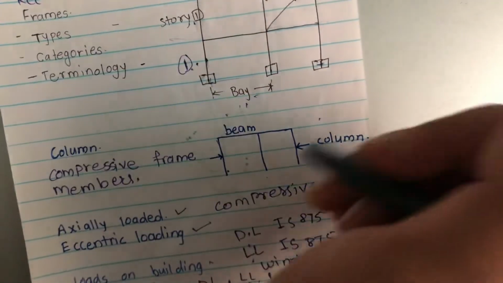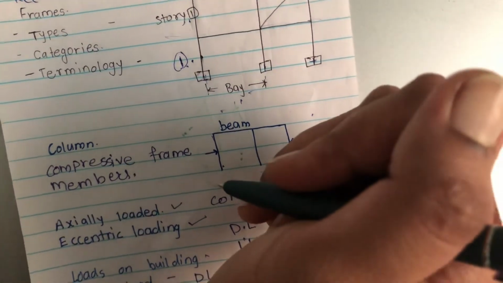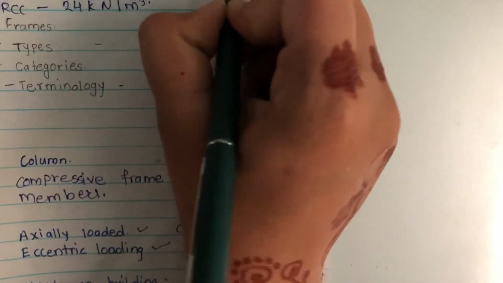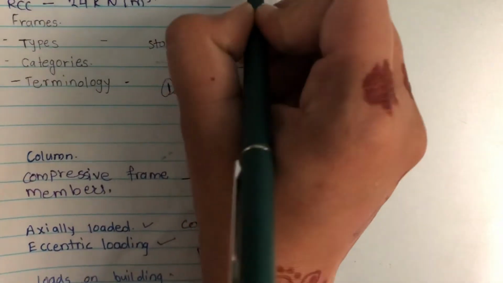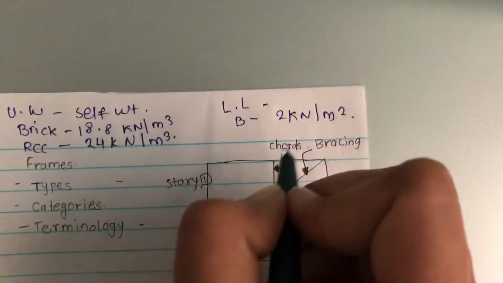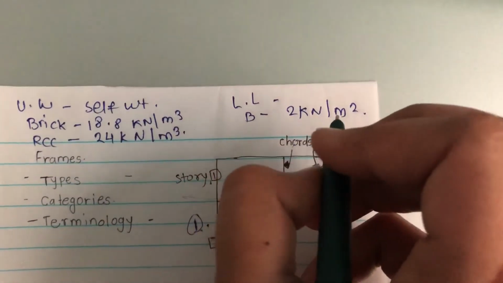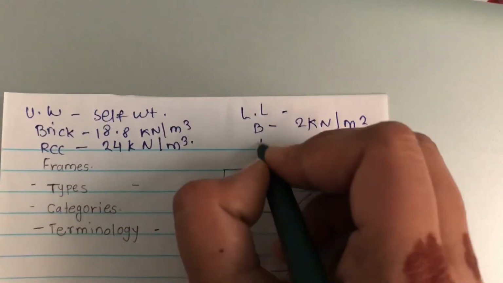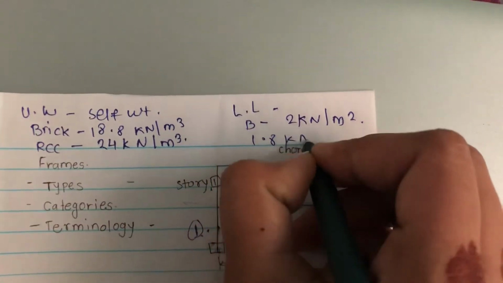For live load, as per IS code Part 2, it depends on the occupancy and type of the structure. So in live load, for bathrooms and toilets, we consider 2 kilonewton per meter square, and for concentrated load, 1.8 kilonewton.